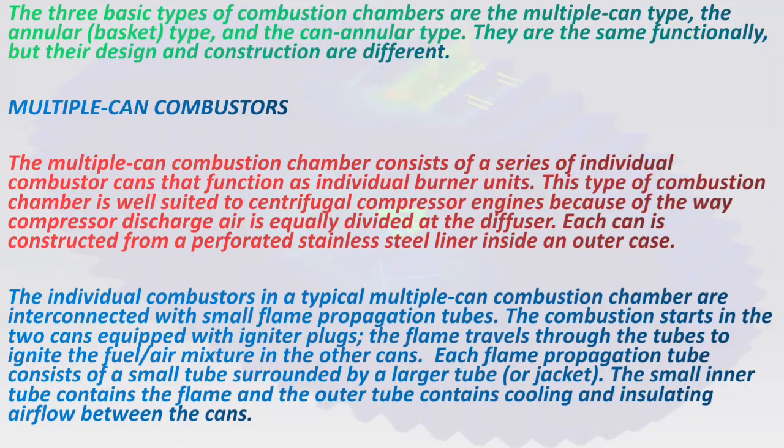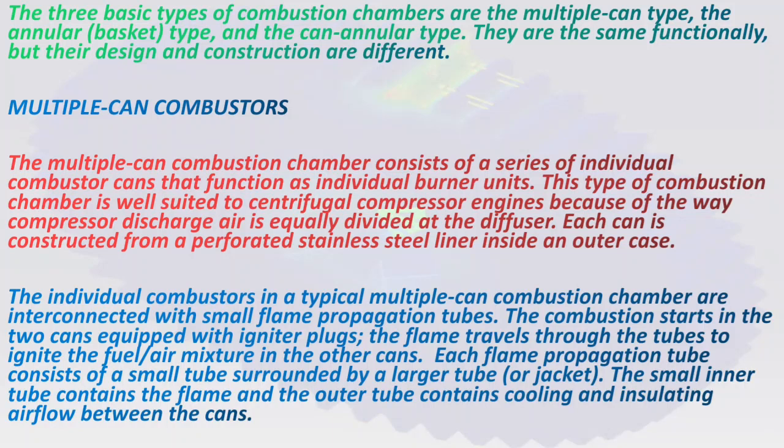So, in a multiple can combustor, there is a flame propagation tube which is used to propagate the flame from the two cans which have the igniter source. The first two cans ignite the fuel air mixture, and from these, the flame travels through all the cans and ignites the fuel air mixture.